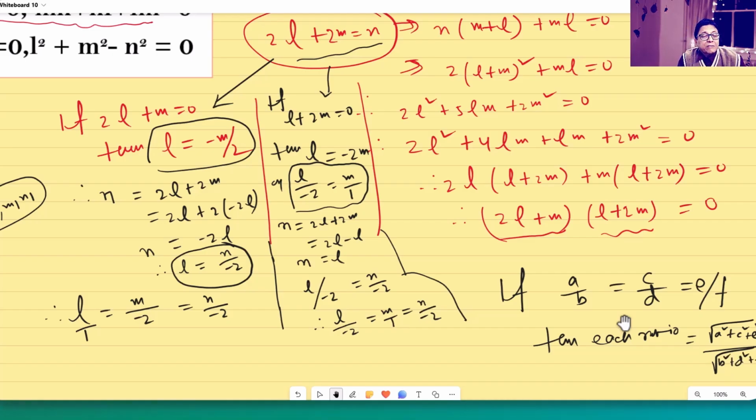So this ratio is going to be what? Under root, and that divided by 1, 4, 4.